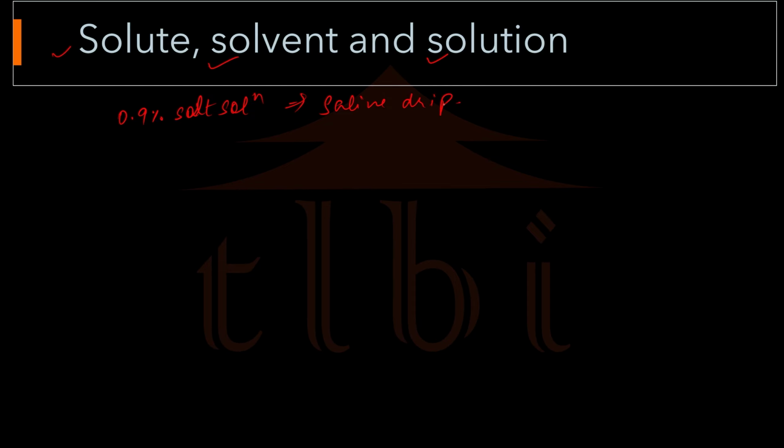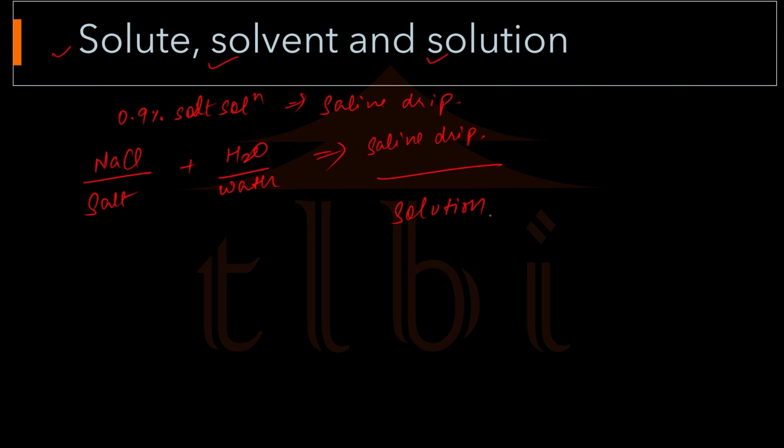In order to prepare that, we have the components NaCl, which is our salt, and then we have water, and you mix this in a certain proportion and you get saline drip, right? Now, this is the mixture where we have added salt and water, so this will be called a solution, right?